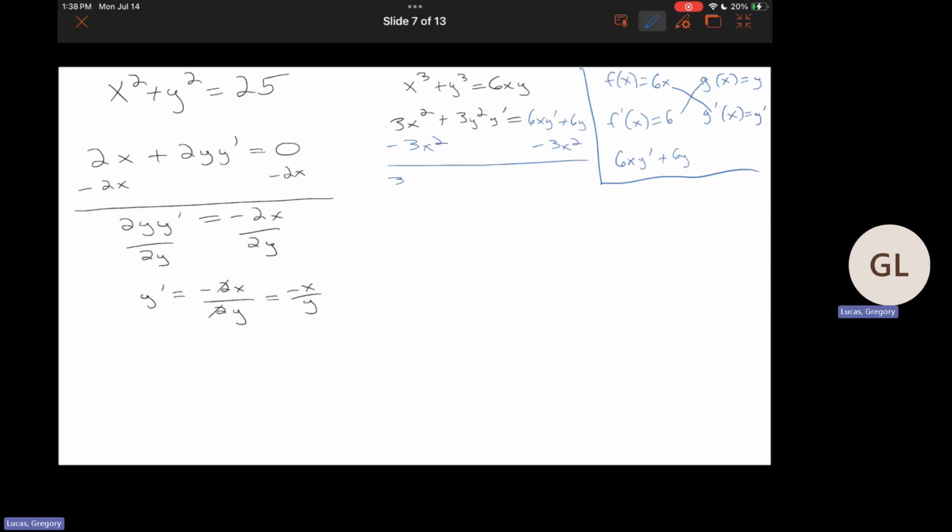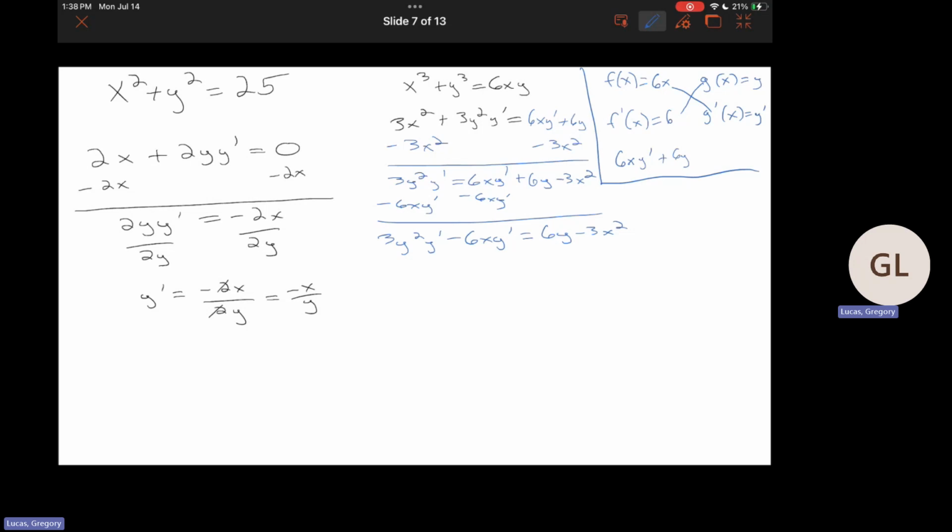So I have 3y squared y prime on the left side, 6xy prime plus 6y minus 3x squared. And then I can move over the minus 6xy prime. So now I have 3y squared y prime minus 6xy prime, which is equal to 6y minus 3x squared.